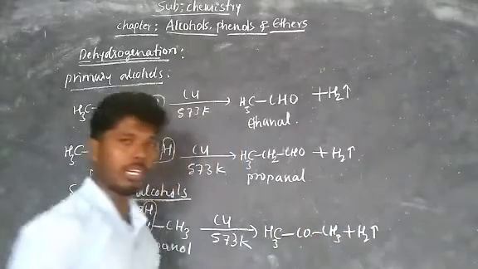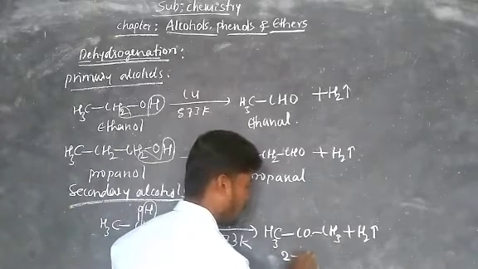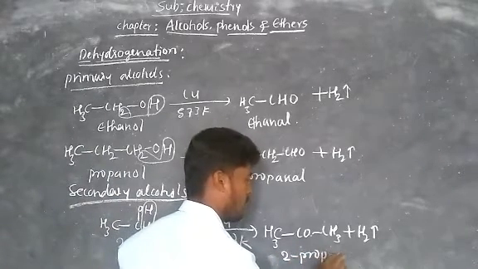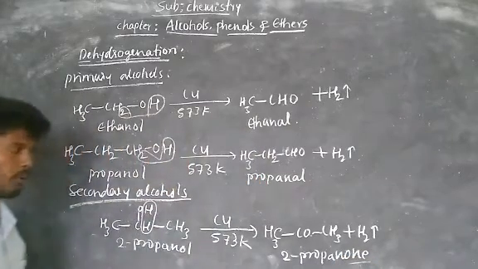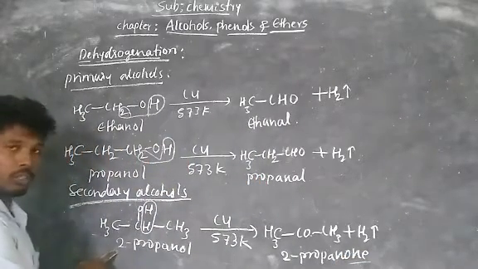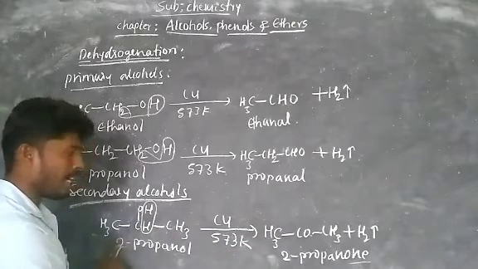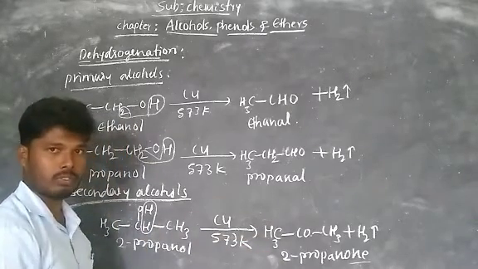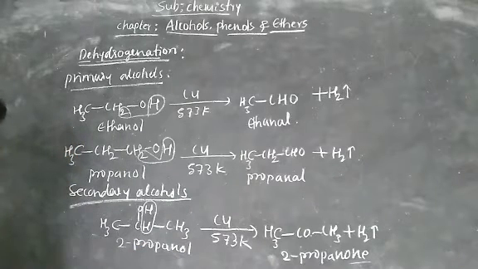So this is called ketone. From 2-propanol you get propanone, a ketone. Okay, so from secondary alcohol you get a ketone. This is the dehydrogenation of secondary alcohol.